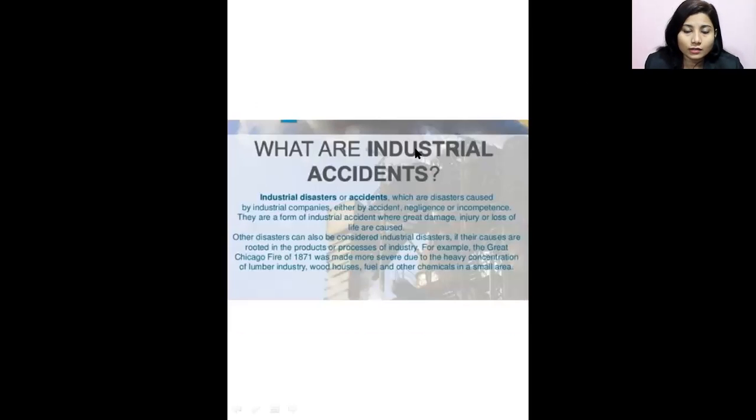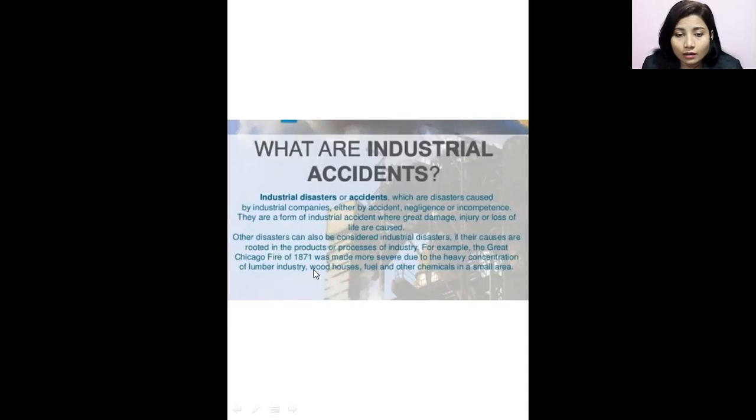We also call it an industrial accident, not only a disaster. It is caused by industrial companies, either by accident, negligence or incompetence. We can take one example: the Great Chicago Fire of 1857 was made more severe due to the heavy concentration of lumber industries, wood houses, fuel, and other chemicals in a small area.